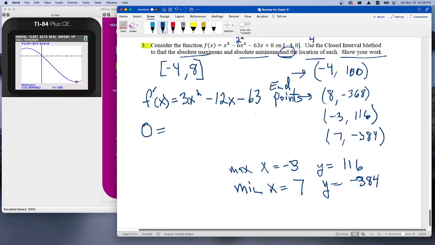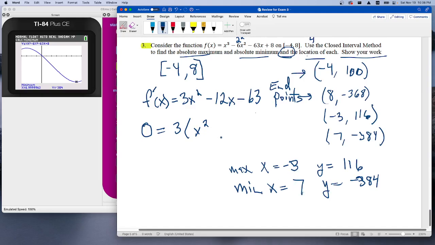Let's see. 3 comes out of there, but this is, 3, 6 is 9 times 7. So we can factor out a 3. We get x squared, and the nice part about doing the graphing part is we know what our x and y answers are.